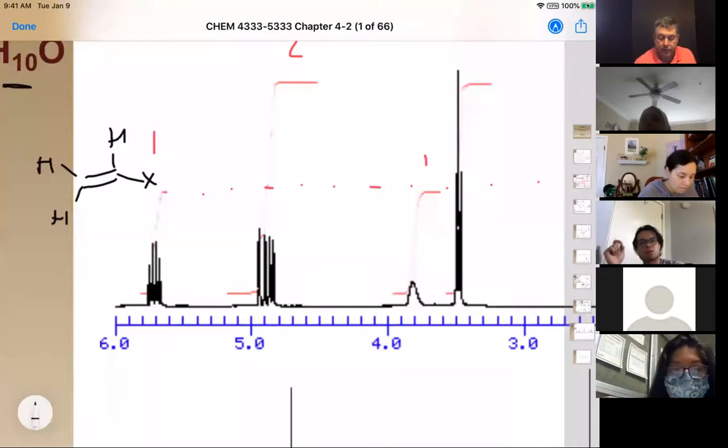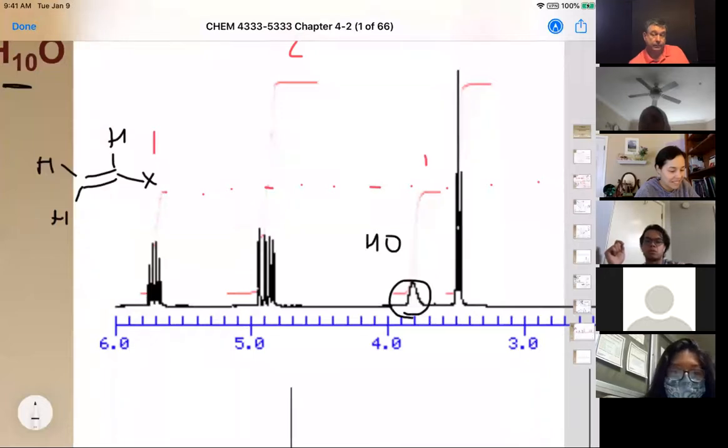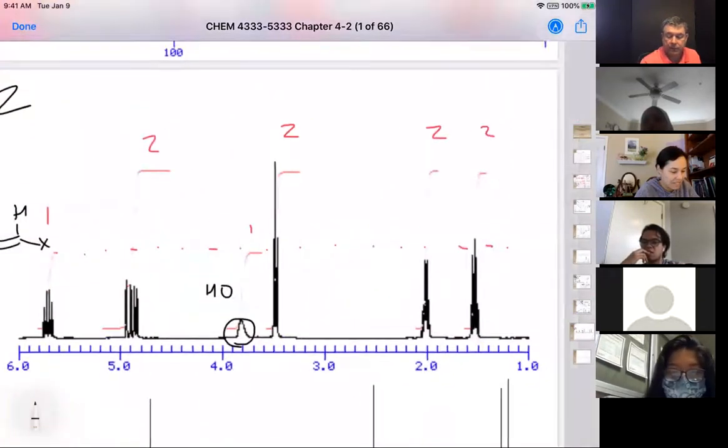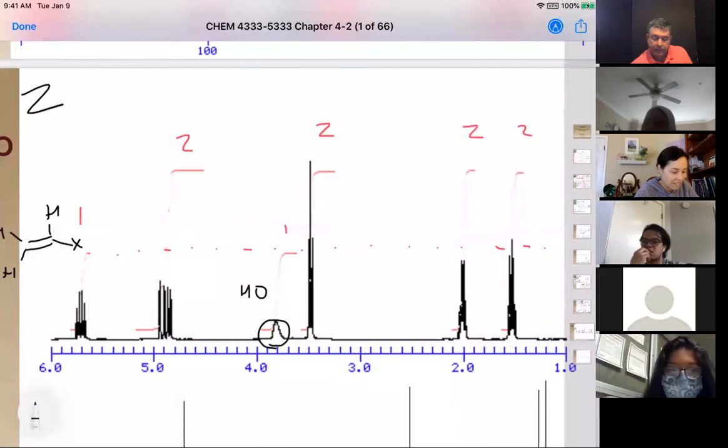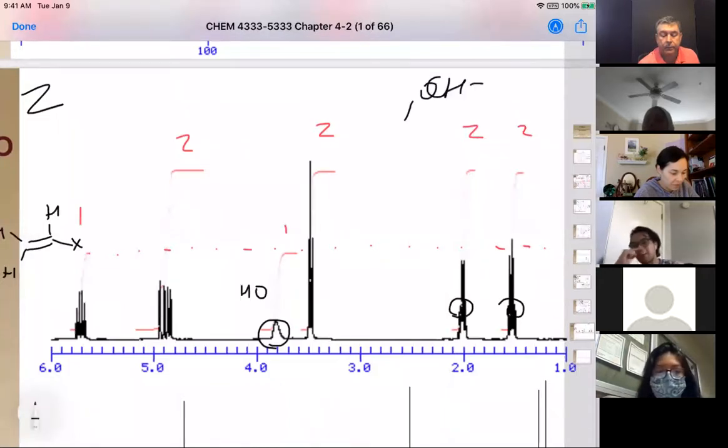This right here is telling me probably OH. Can't quite tell the splitting on these. They look like they might be split, but notice there's nothing with a 3, which means we don't have a methyl group.